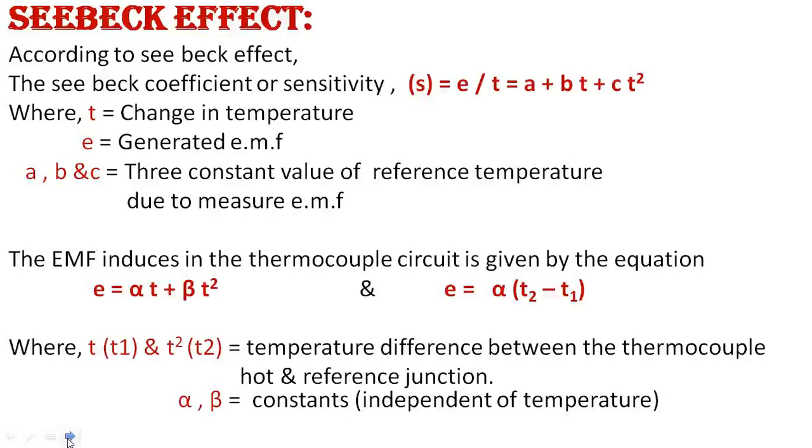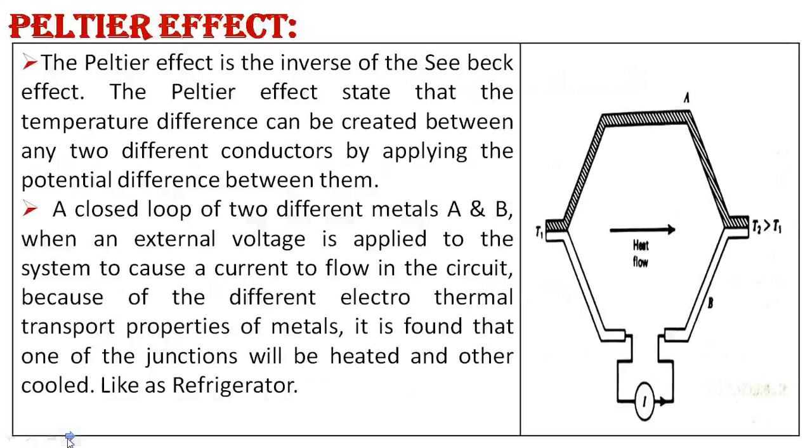The EMF induced in the thermocouple circuit is given by the equation E = αT + βT², and E = α(T2 − T1), where T1 and T2 give the temperature difference between the thermocouple hot and reference junction, and alpha and beta are constants which are independent of temperature.